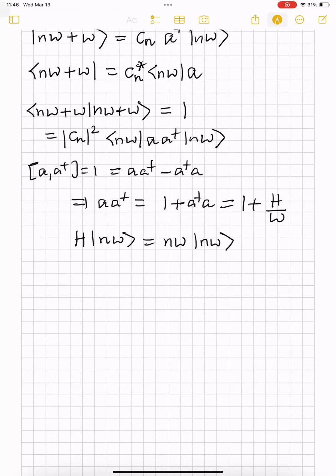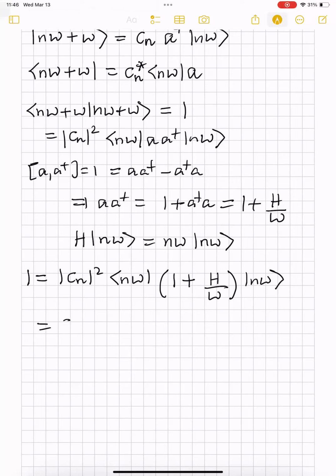Good. So now I've got 1 is equal to the mod of Cn squared, bra n omega. Now, instead of A A dagger, I'm going to write 1 plus the Hamiltonian over omega into ket n omega.